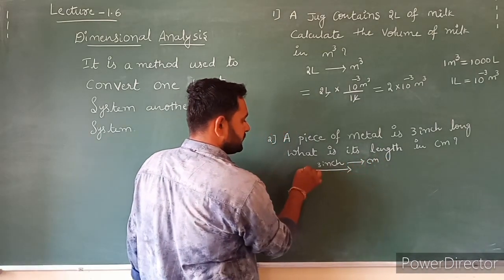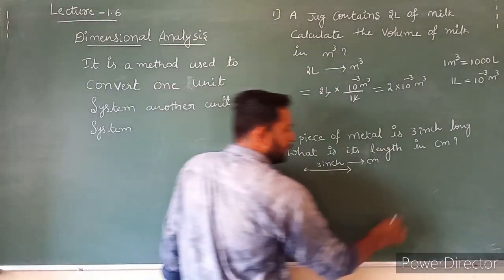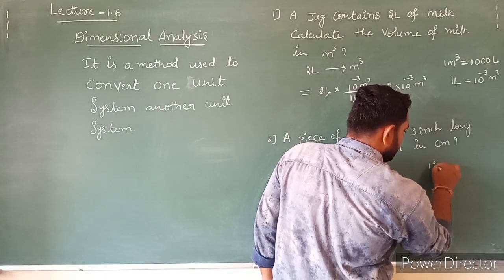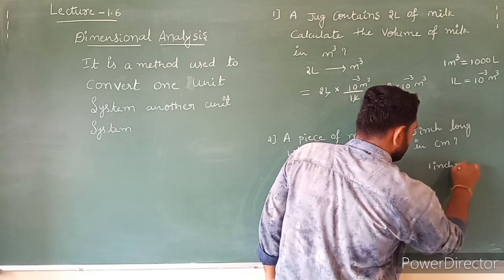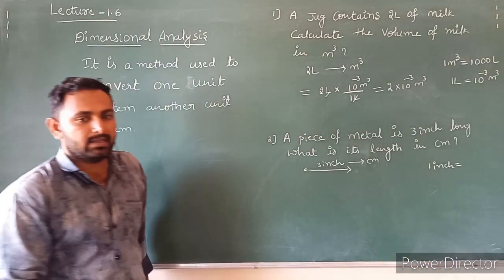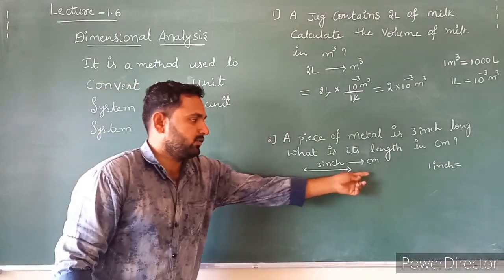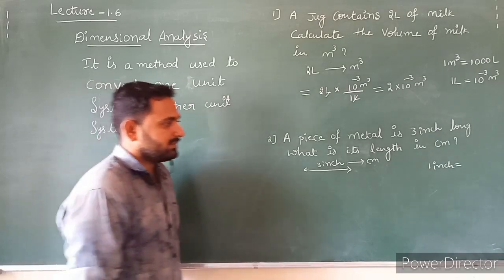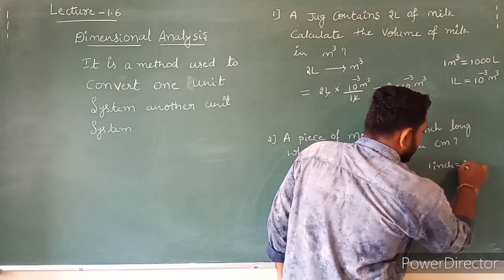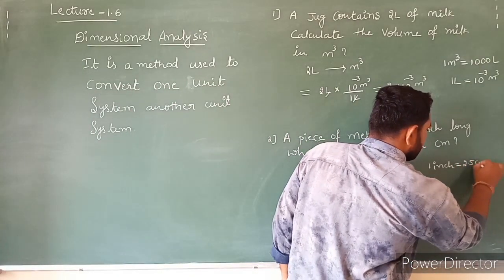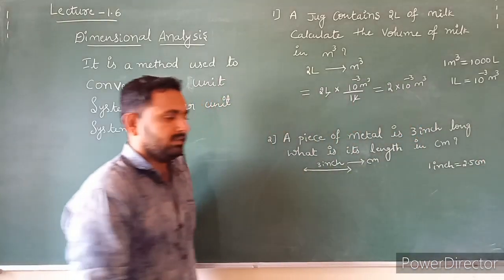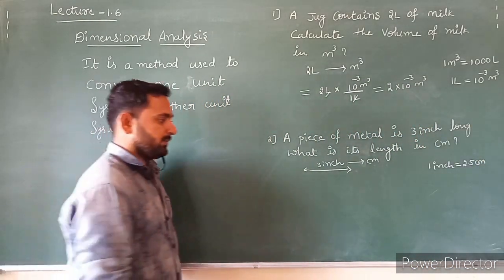If you know how many centimeters are in 1 inch, then you can easily convert. 1 inch is equal to 2.5 centimeter.